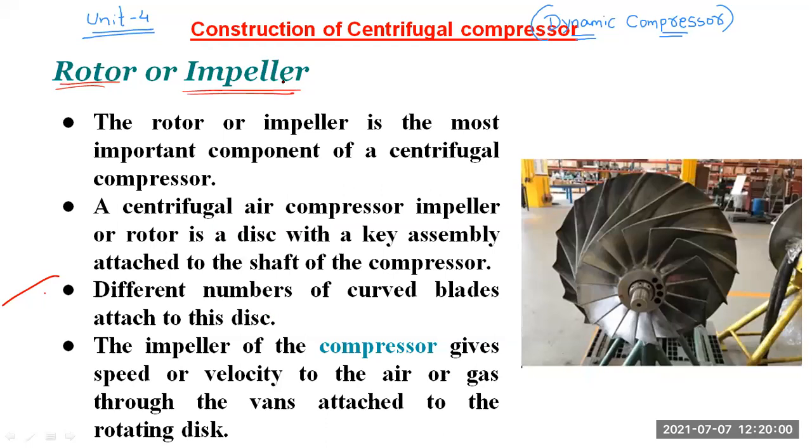The rotor is also called the impeller. These are the rotors. This part will rotate. This is called rotor or impeller, and these blades you are watching are the impeller blades.